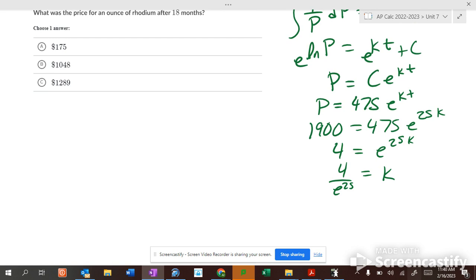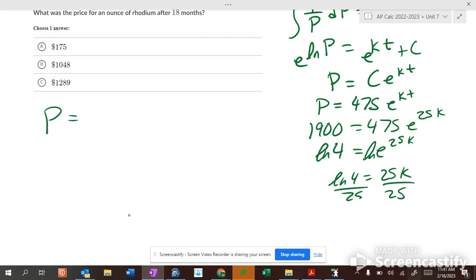Wait, what did I do? I need to natural log that at the step before. So the ln of 4 equals the ln of e to that. So the ln of 4 equals 25k and divide by 25. That's a better way of writing it.